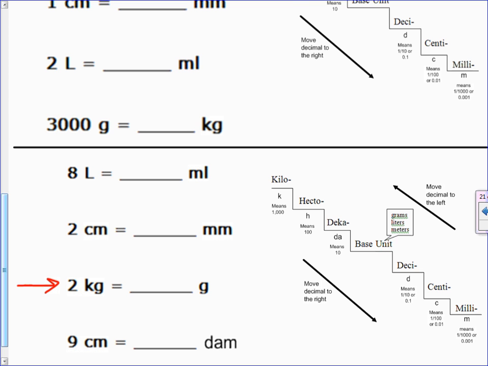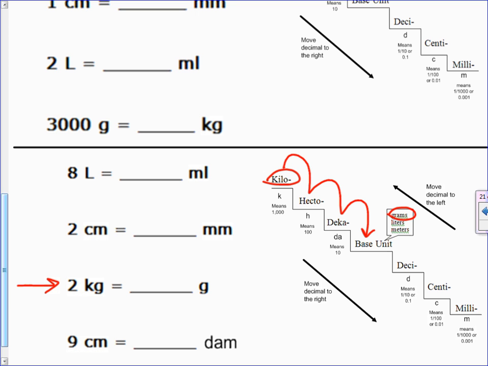So the first question: are we going from bigger to smaller or smaller to bigger? Kilo is at the very top, so that's as big as it's going to get for this class. Grams is in the middle, it's a base unit. So we're going from bigger to smaller. Then we ask, are we going upstairs or downstairs? Well, since we're going bigger to smaller, we have to go downstairs. We're going to go down 1, 2, 3.